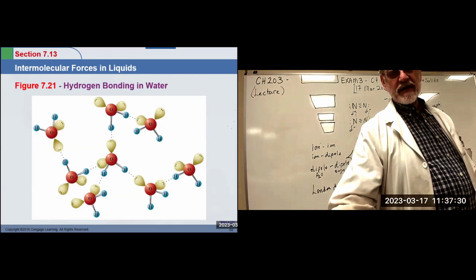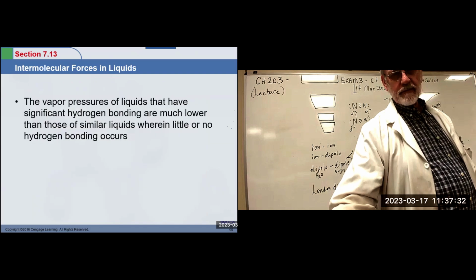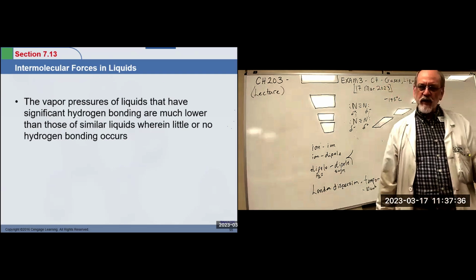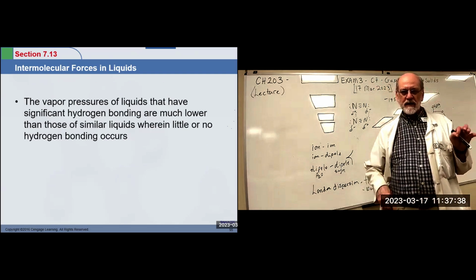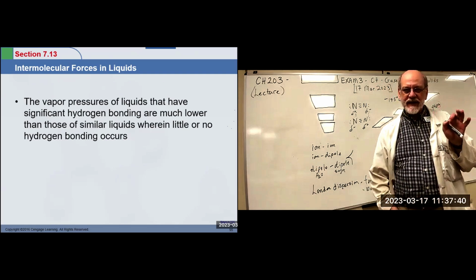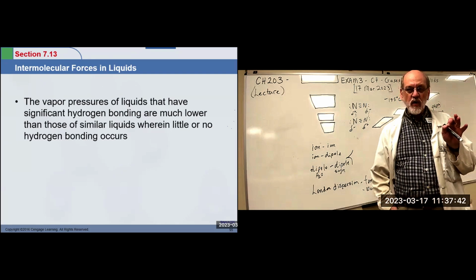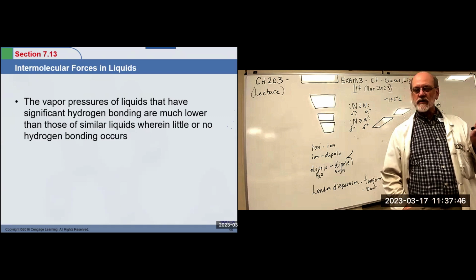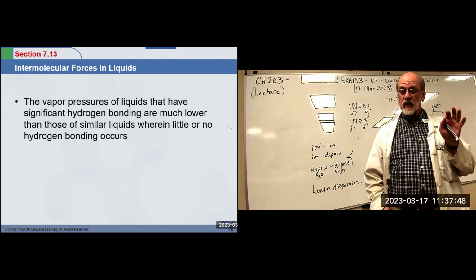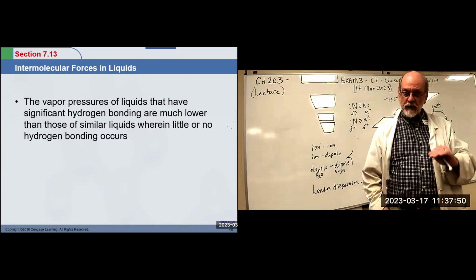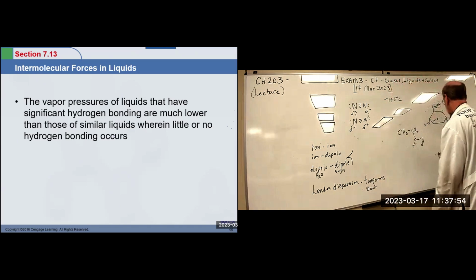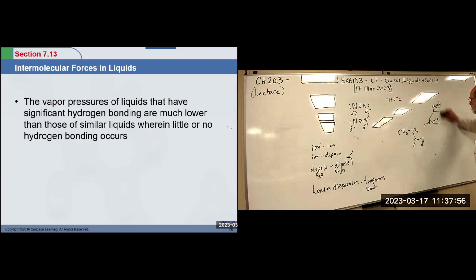Okay, there's hydrogen bonding in water. The vapor pressure of liquids that have significant hydrogen bonding is much lower. I mentioned that earlier with water. The hydrogen bonding is there with water, so the vapor pressure is very low. But let me give you an example.